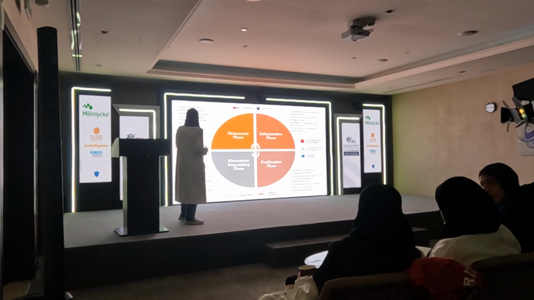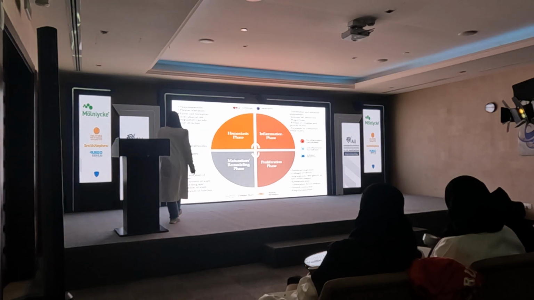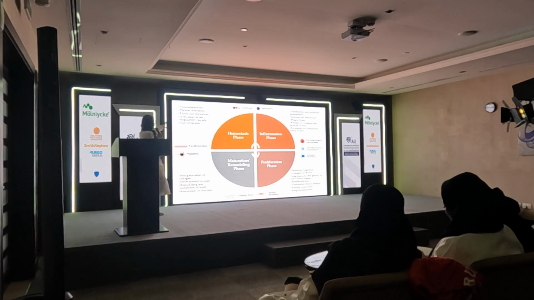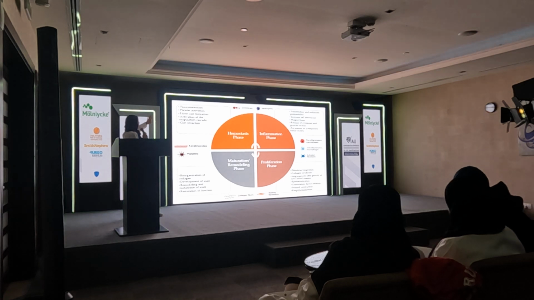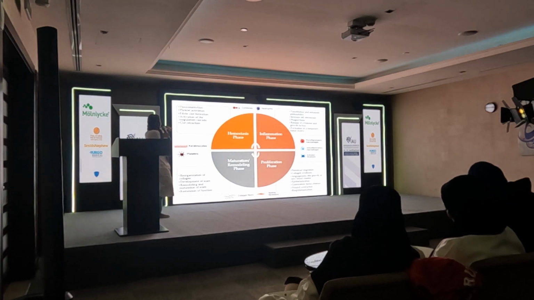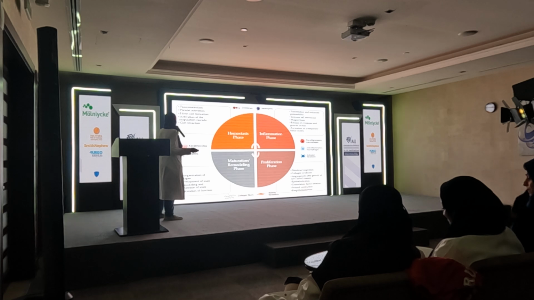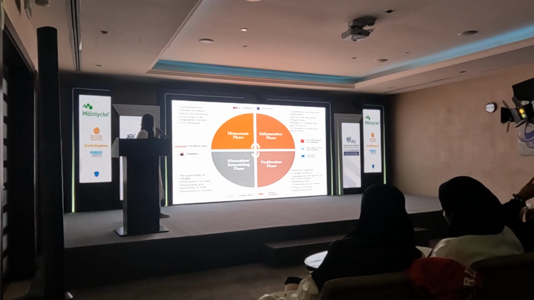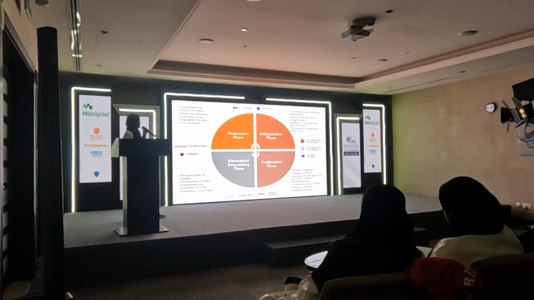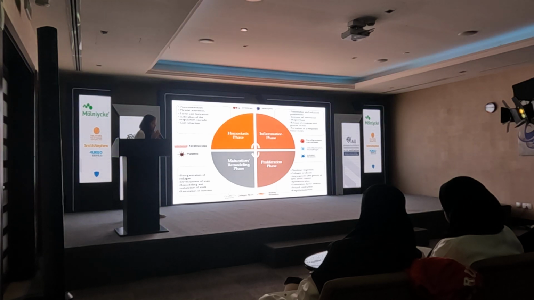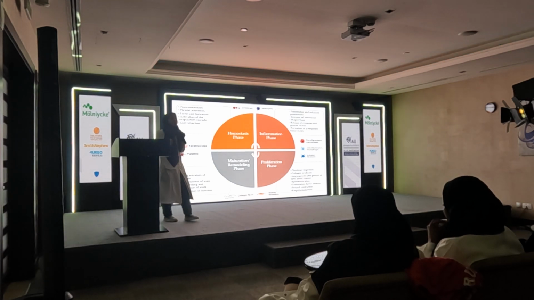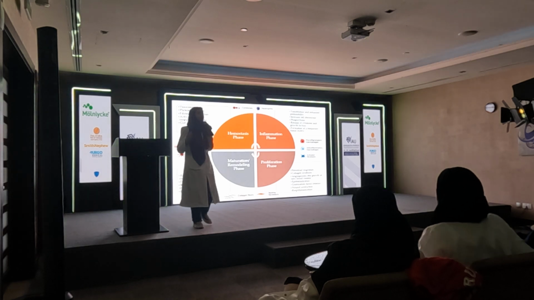What happened in this one? In this phase, we start with vasoconstriction, platelet activation, fibrin clot formation, activation of the coagulation cascade. What is expected from this phase is to stop the bleeding.